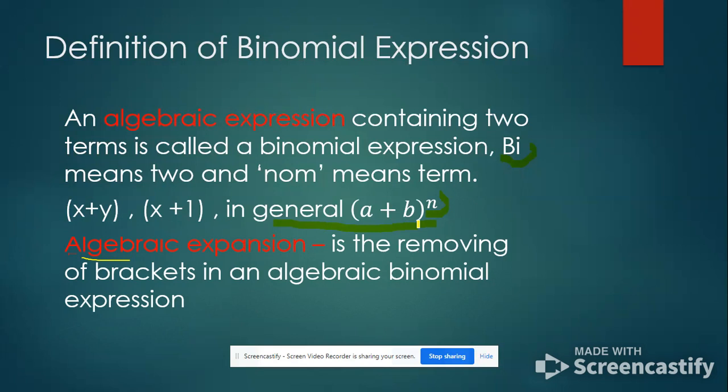Now, algebraic expansion. Who can read for us what's on the screen about algebraic expansion? Frank? Yes, Frank? You can put on your microphone, Frank.